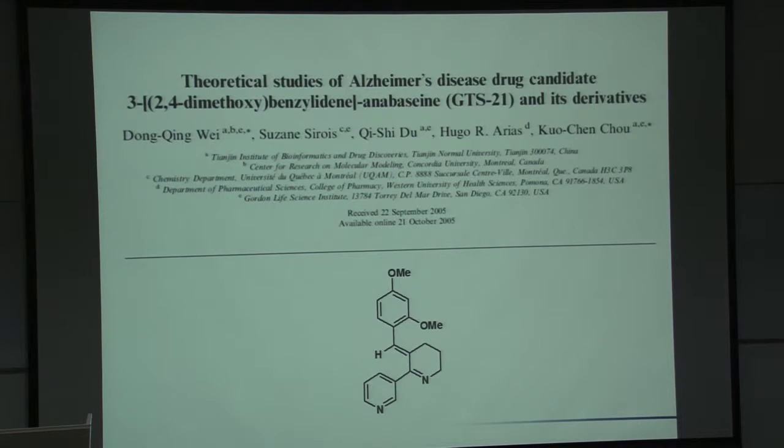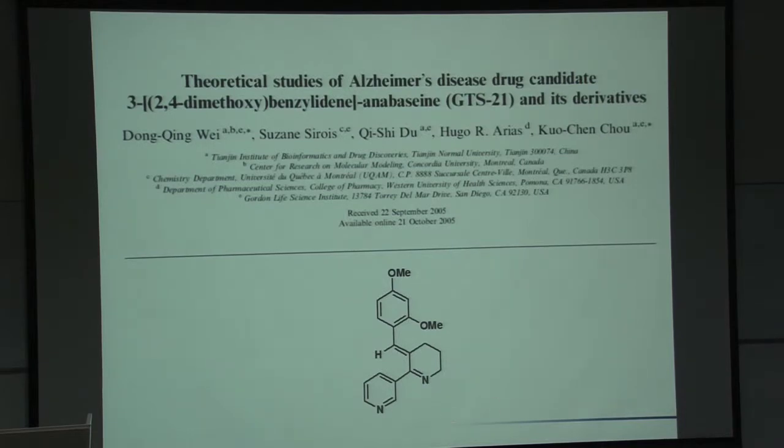I think it is in the 3rd phase of clinical trial. You see it's quite different from nicotine. Nicotine had only one ring, and we believe this class of molecule would be very promising.